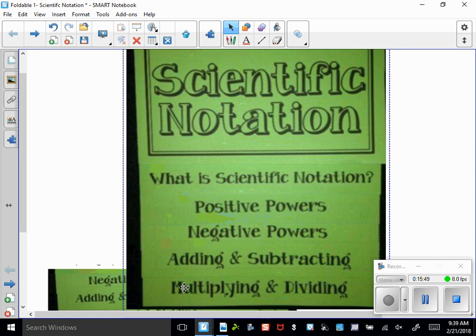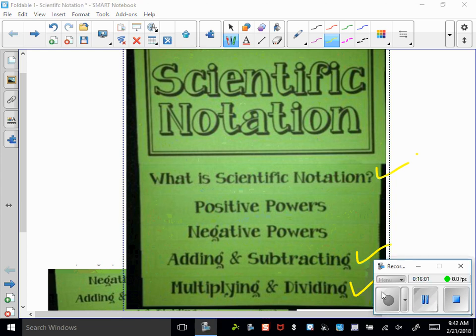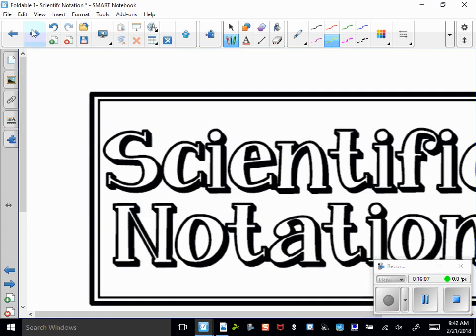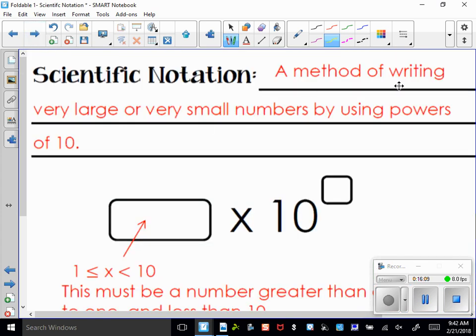So you should just have 3 tabs. You should have what is scientific notation, adding, subtracting, multiplying, and dividing. Okay. All right, so let's first go over what scientific notation is.